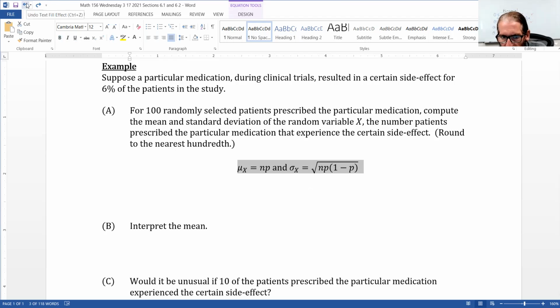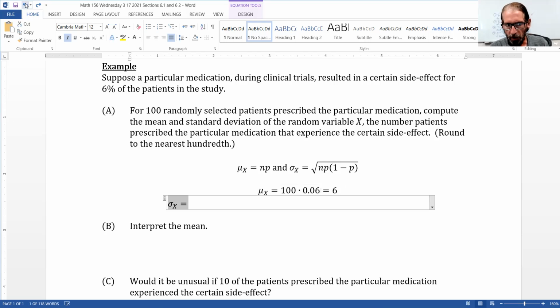We're going to round to the nearest hundredth on these. So 100 times 0.06 is 6. And for the standard deviation, n times p was 6, and 1 minus 0.06 would be 0.94. Multiplying the 6 and the 0.94, taking the square root, and finally rounding to the nearest hundredth. The mean didn't need any rounding because it terminated as a whole number.